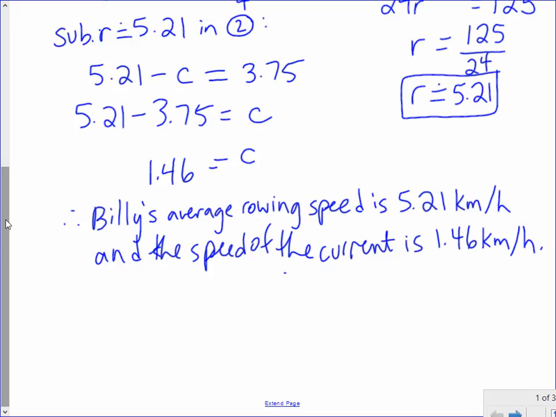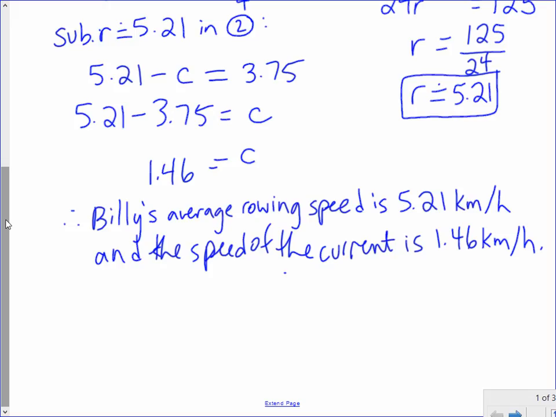All right, so again, a quick thing you could do is 5.21 plus 1.46, 6.67. Figure out if that's what 20 over the first number is. 20 divided by 3 is 6.66666. Makes sense. 6.67 is approximately 6.66 repeated.